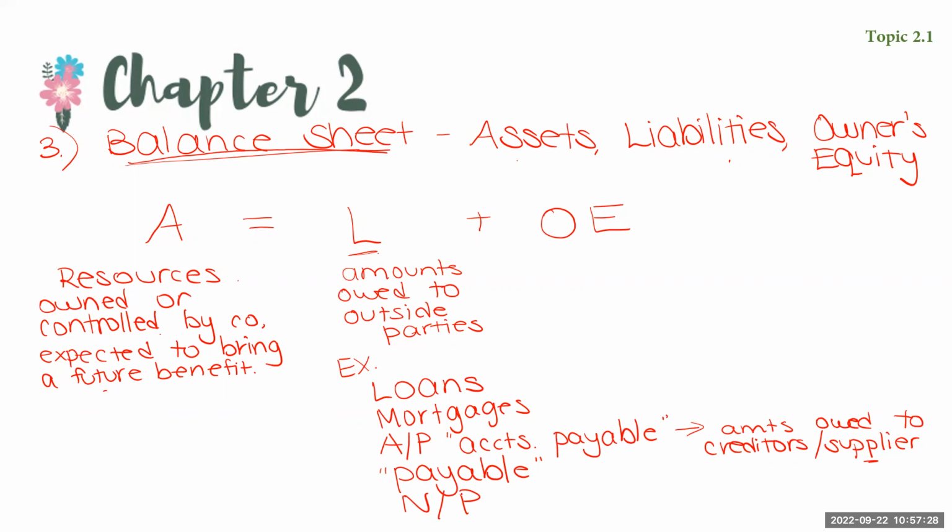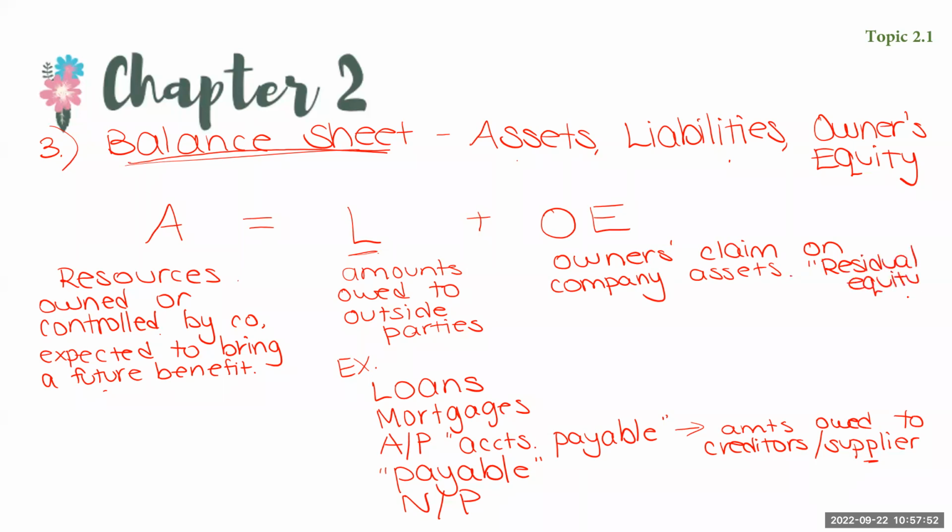And our last item to define on the balance sheet is owner's equity. This is the owner's claim on company assets. Sometimes it's called residual equity, because basically the owner can only have assets that remain after paying off all amounts to creditors.